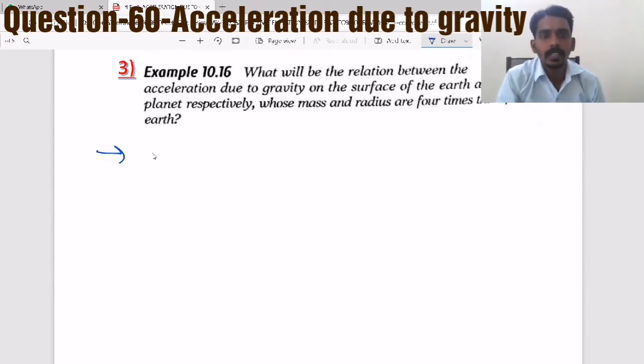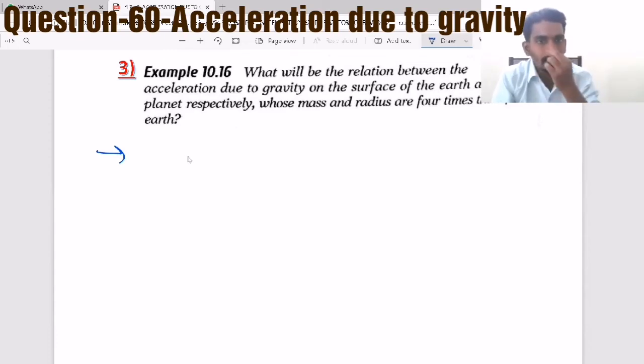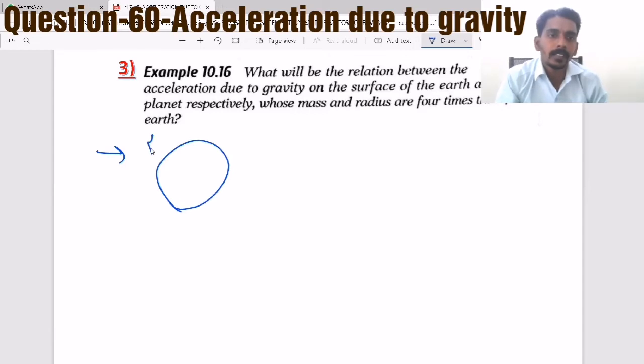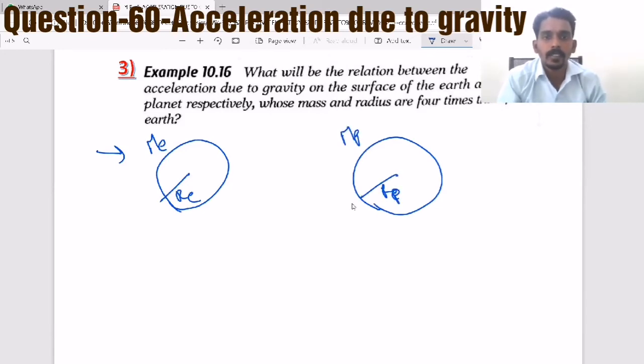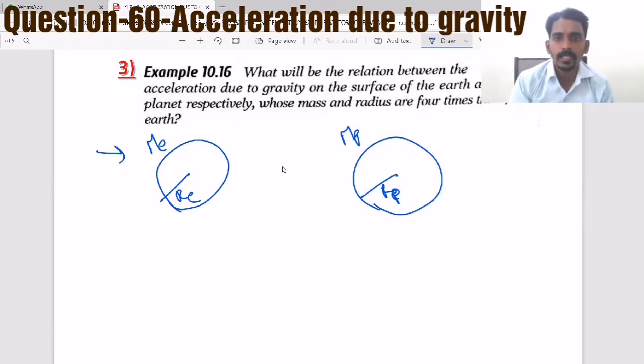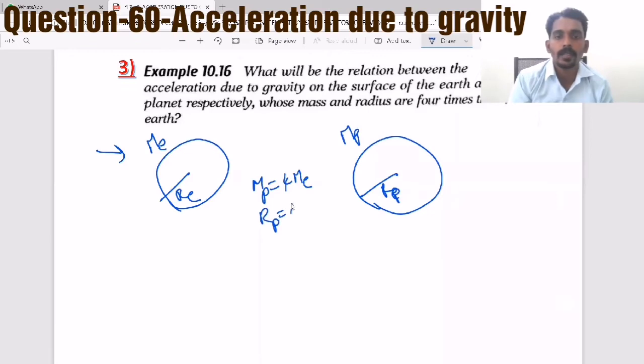What will be the relation between the acceleration due to gravity on the surface of the earth and on a planet whose mass and radius are 4 times that of Earth? Now one is Earth, mass is M E, radius is R E. Another is a planet, let's take mass is M P, radius is R P. The mass of the planet is 4 times that of Earth and the radius of the planet is also 4 times that of the radius of Earth.